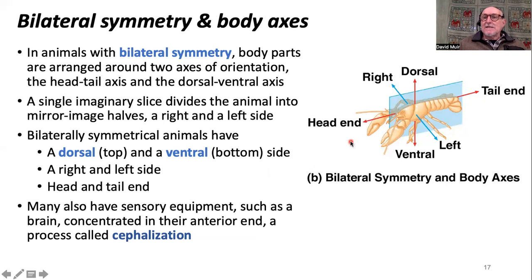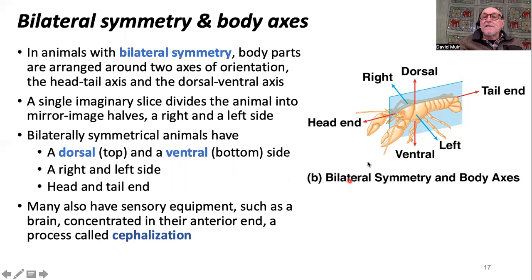This immediately does something else. It gives the bilaterally symmetrical organism a front, and it gives it a back. It gives it a right, and it gives it a left, and it gives it a top, and it gives it a bottom. The underneath, the bottom, is called the ventral side. The top is called the dorsal side. For us, our ventral side is our tummy area, and the dorsal is the spine side.